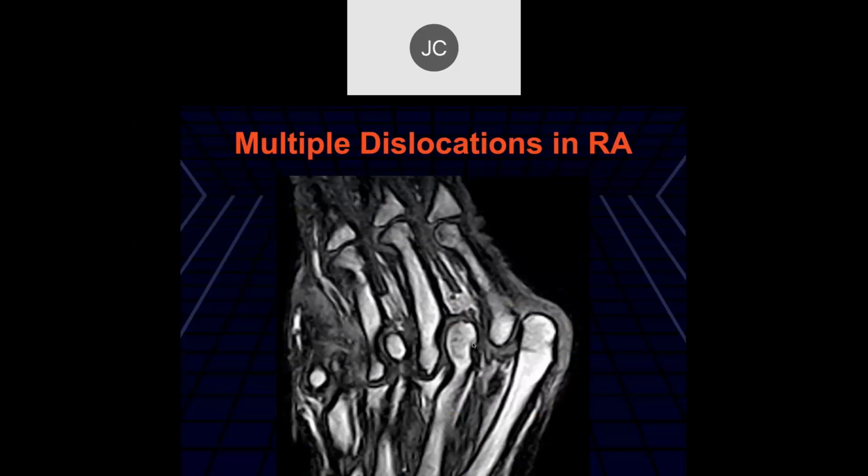Another common abnormality that you see in rheumatoid arthritis, which is pretty specific for rheumatoid arthritis, is volar subluxation of the base of the proximal phalanges, and then the tendons pull them proximally, and they get these very characteristic deformities of the metacarpal phalangeal joints. And I've only seen this in rheumatoid arthritis.